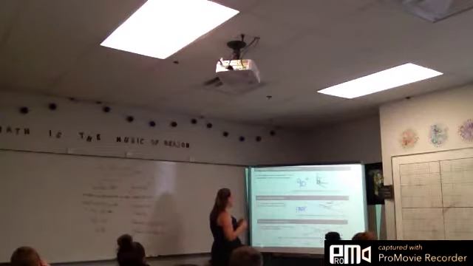If segment AB is congruent to segment BC, and segment BC is congruent to segment CD, okay, then I know that AB equals CD. That is the transitive property.